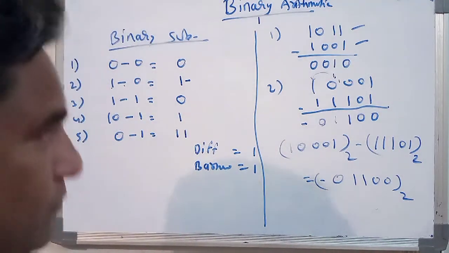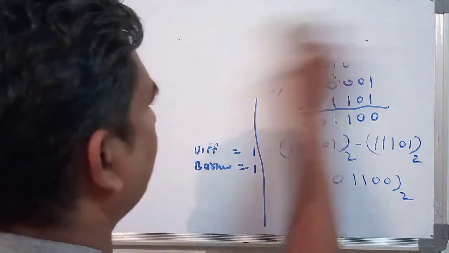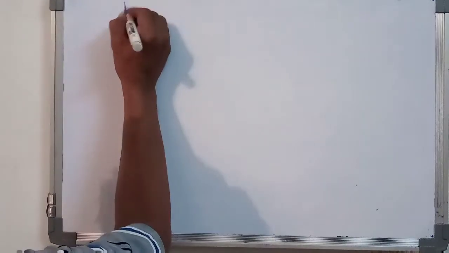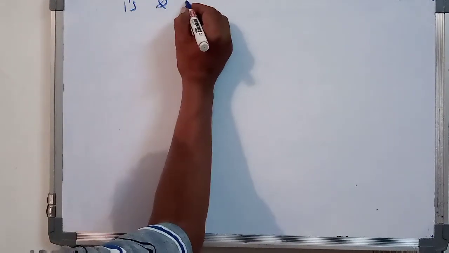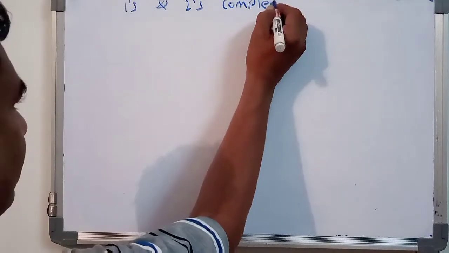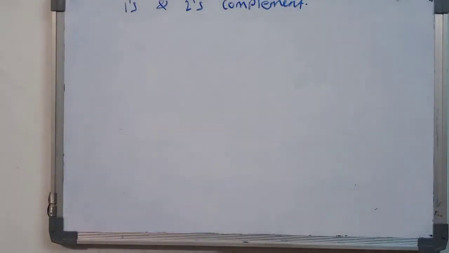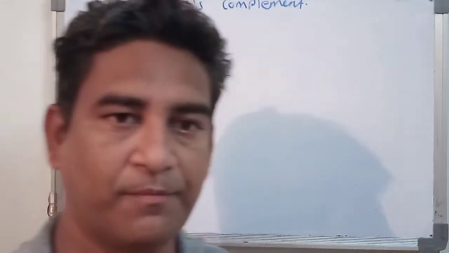Now, depending upon this addition and subtraction, you have the ones complement and the twos complement of that particular binary number.